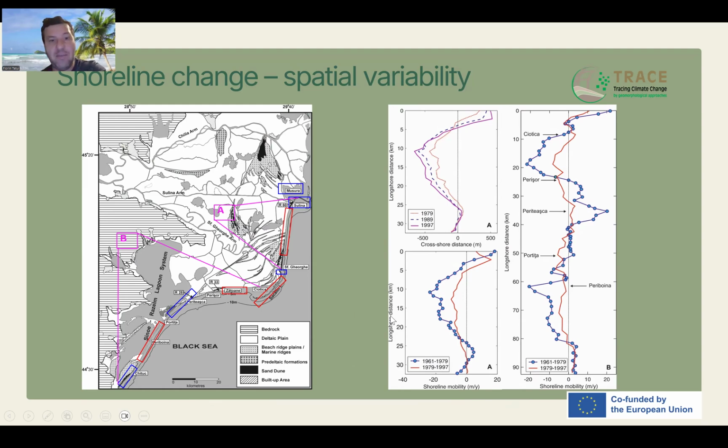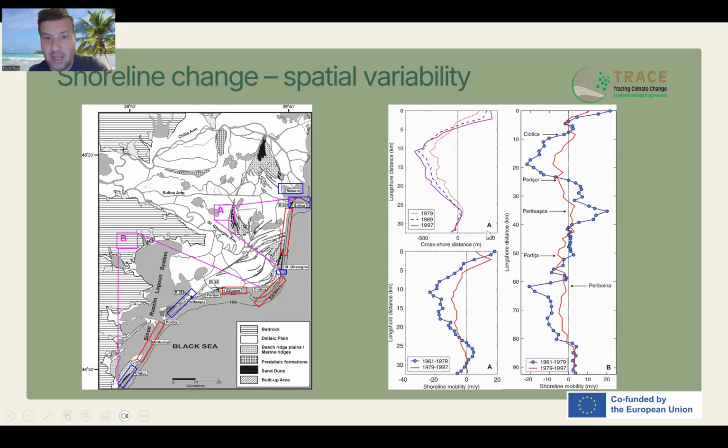Here we have an example of the result of such an analysis made with DSAS on the Danube Delta coast. In this area we have many erosional sectors which are marked in this figure with red rectangles, and some accumulation areas marked with blue rectangles.